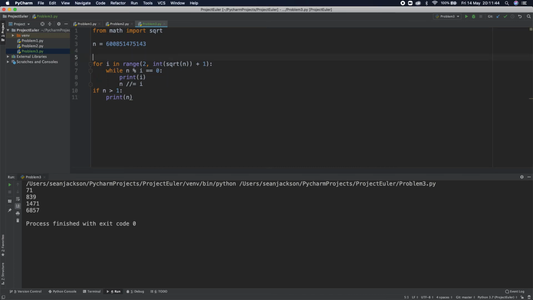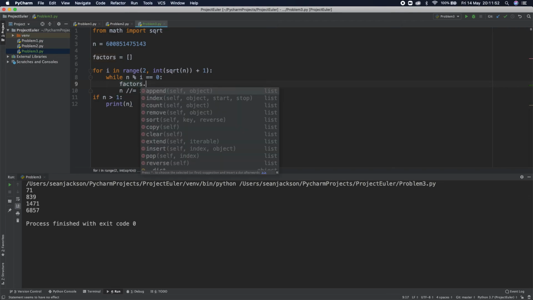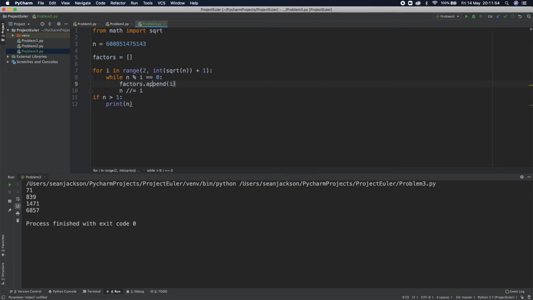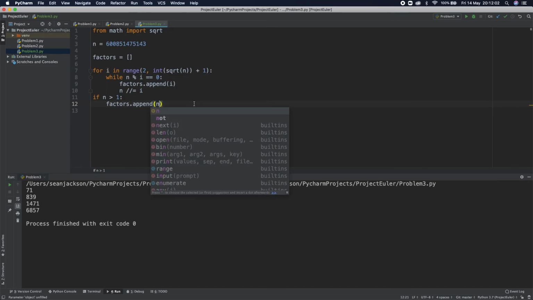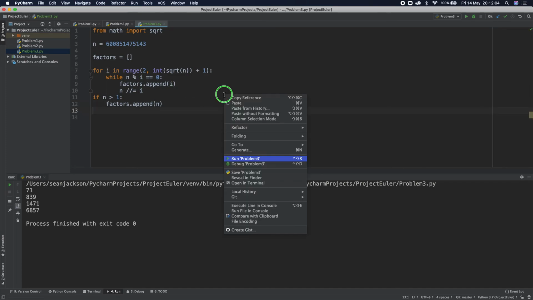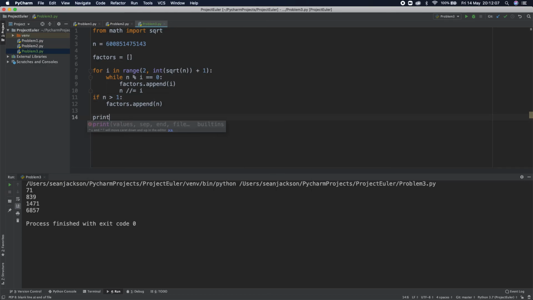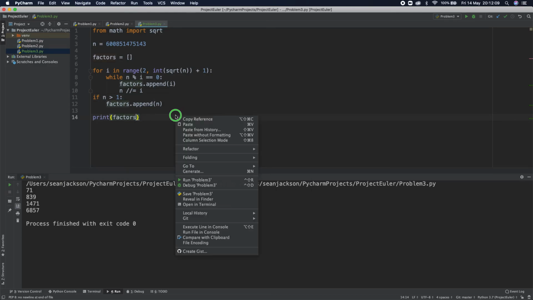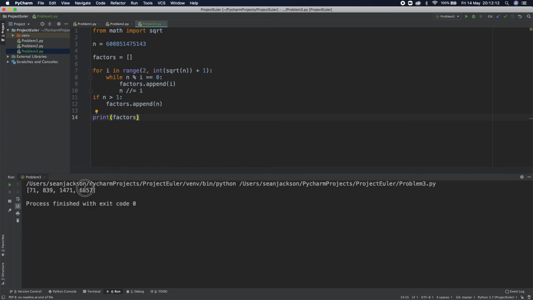Let's call it a list of factors, and then factors dot append i, and this will need to be n now because n is the remaining factor. Okay, so let's see if we can print factors. What should this give us? Okay, sweet. So in an ideal world, the program will just print the answer and only the answer. I like to be a little bit pedantic like that.